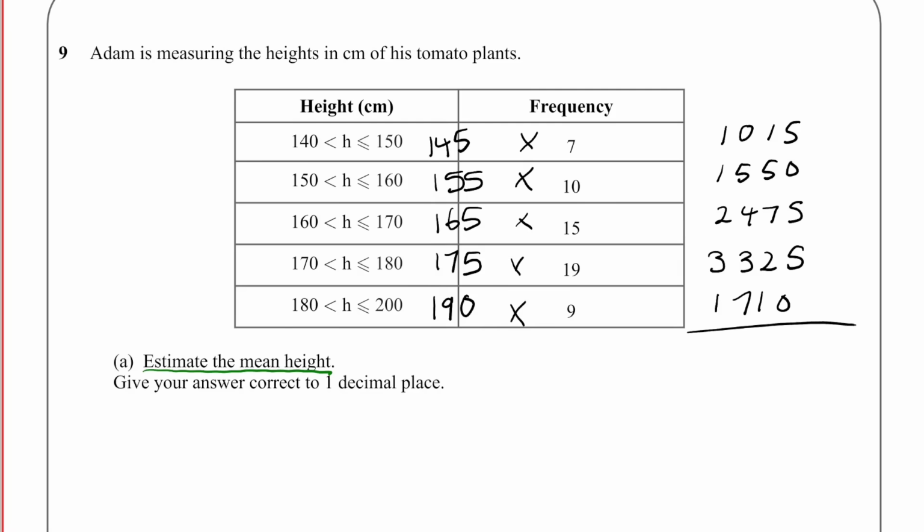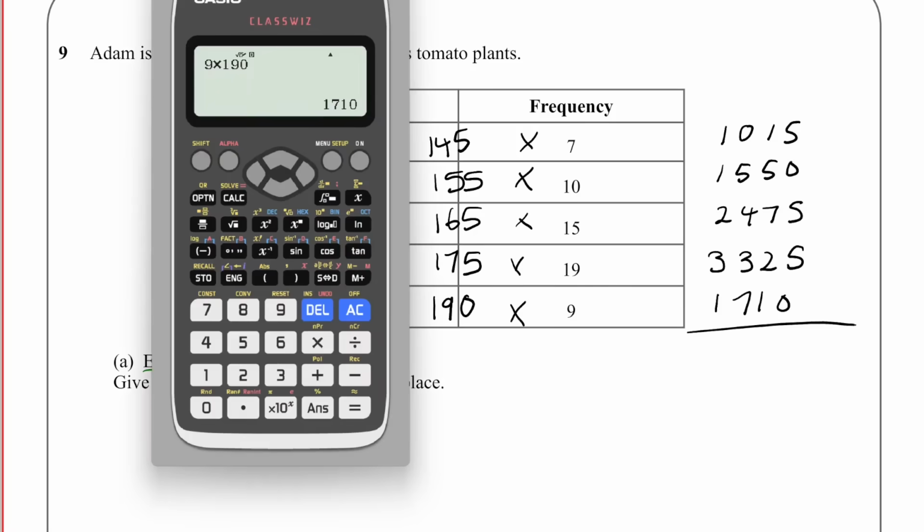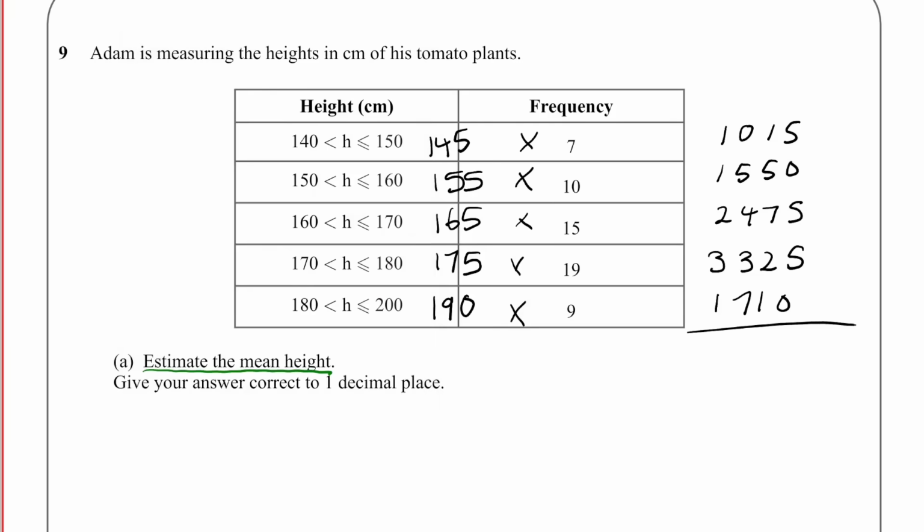So we want to add up all of these now. That will be the total height of all of the plants, or our estimate for the total height of all the plants. So let's have them all added together. And we get 10,075. Now we want to divide by how many plants there are. How many plants are there?